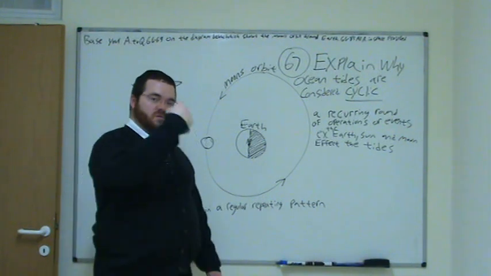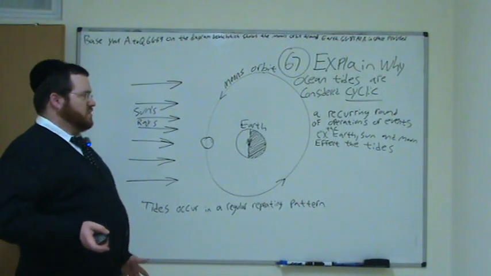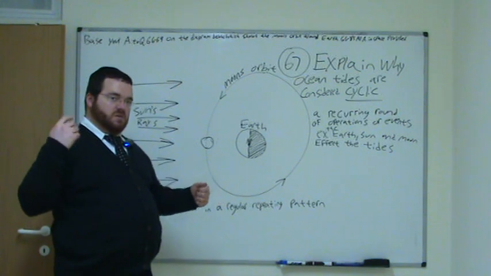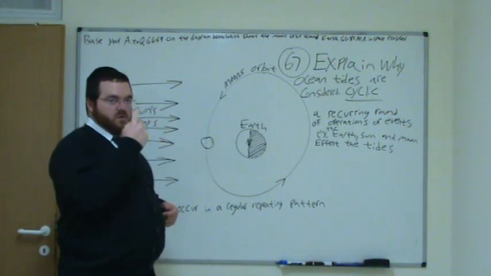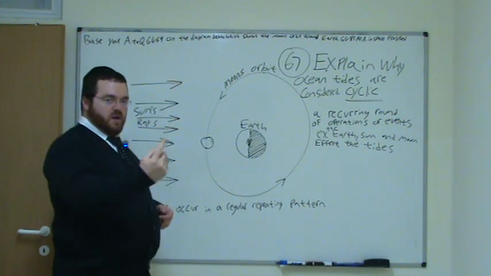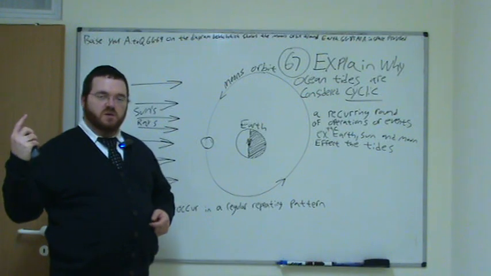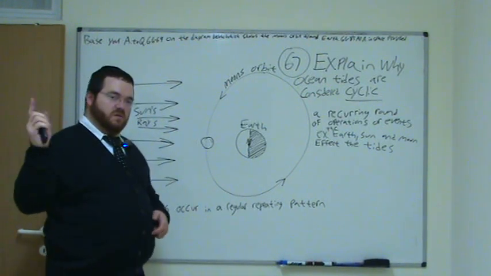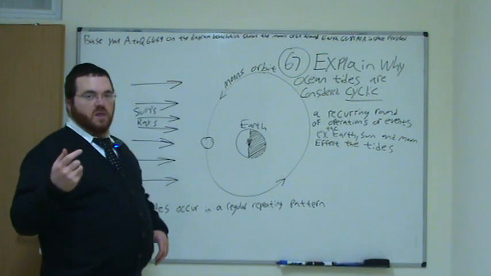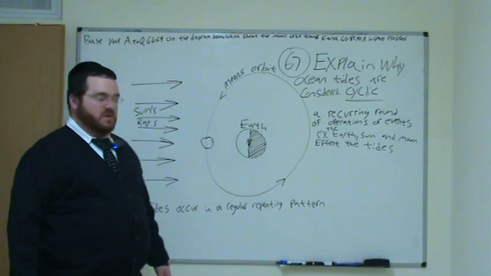It goes round and round. So cyclic is a recurring round of operations or events. The earth goes around the sun in the whole year. As it goes around, the tides are being pulled in different directions towards the sun. The moon's going around the earth, let's say about 29 days or something, and the tides are getting pulled in that direction.